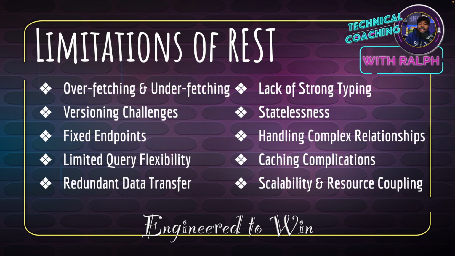There's versioning challenges, fixed endpoints, limited query flexibility, redundant data transfer, lack of strong typing, statelessness, handling complex relationships, caching complications, and scalability and resource coupling. Those are some of the limitations of REST. We might not know exactly what all of them mean, but we know that they are challenges with using RESTful APIs, and GraphQL is looking to address all of these limitations.